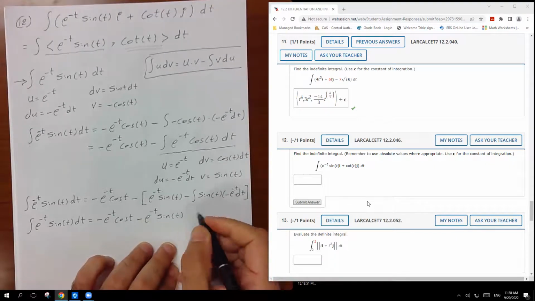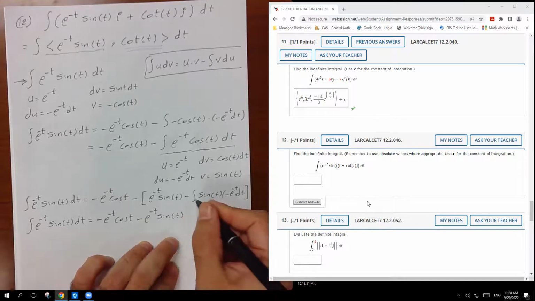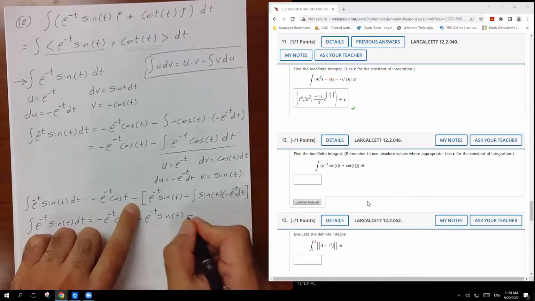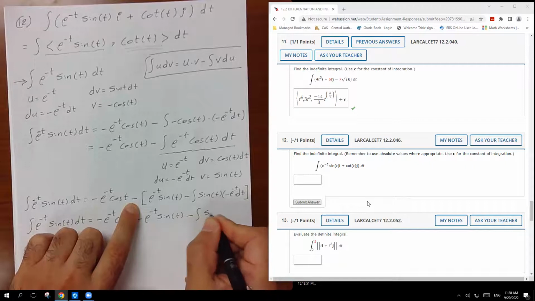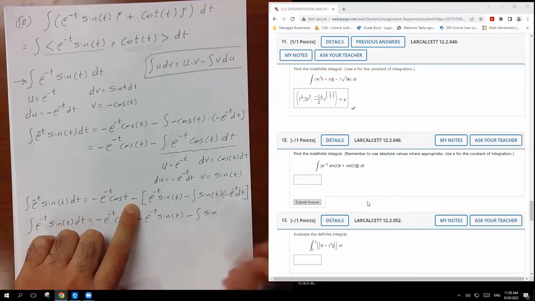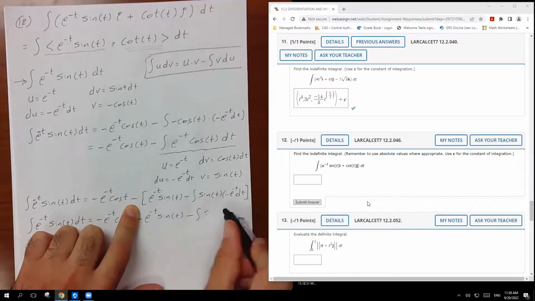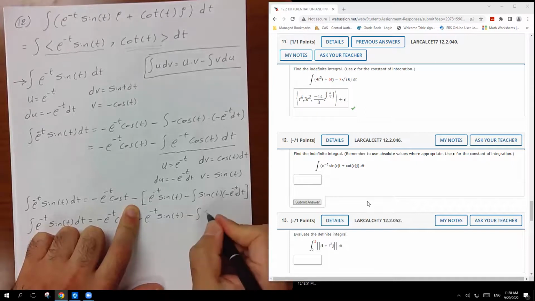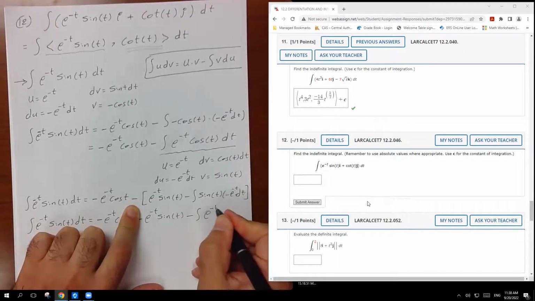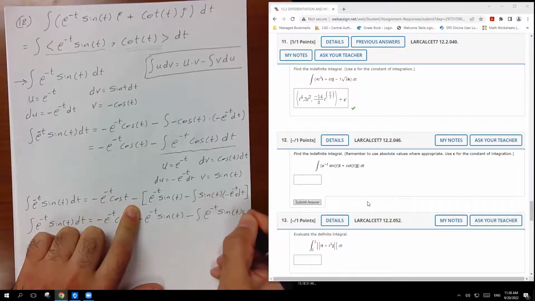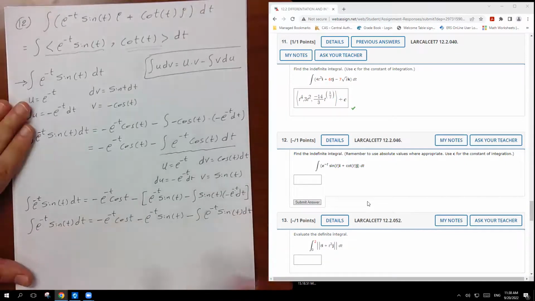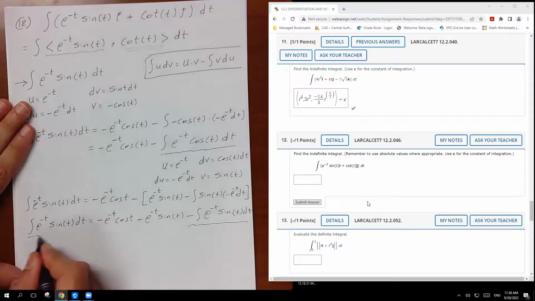This one is going to be negative, negative, positive, and negative is going to be minus the integral of sine t times e to the negative t dt.